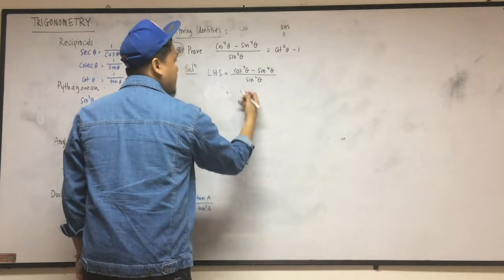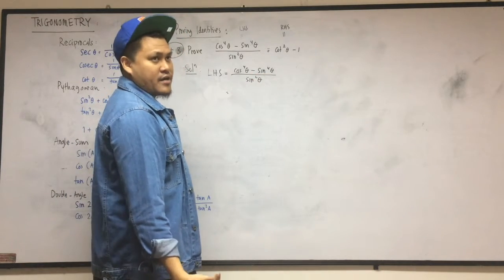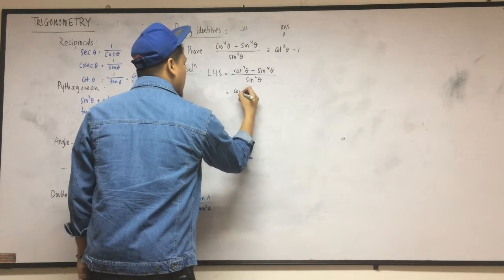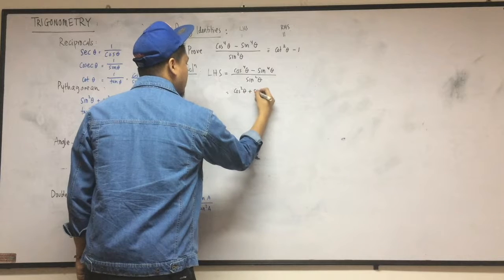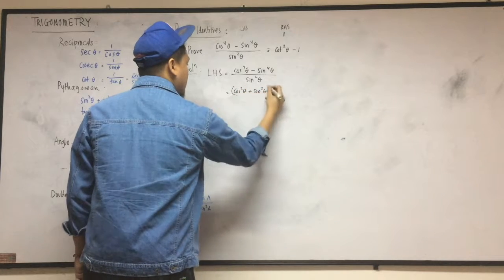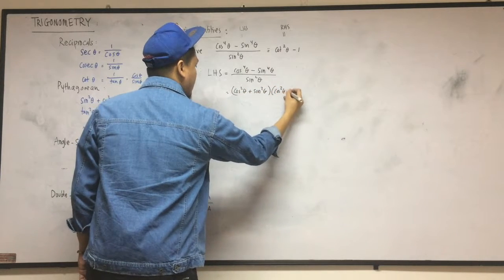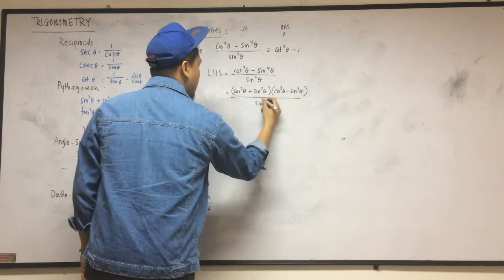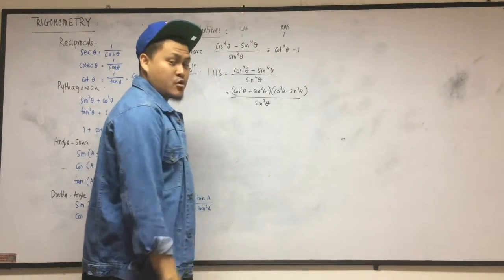This is basically an a squared minus b squared, right? A difference of squares. So if you could see here, this is going to be equal to (cos squared theta plus sine squared theta) times (cos squared theta minus sine squared theta) over sine squared theta, right?